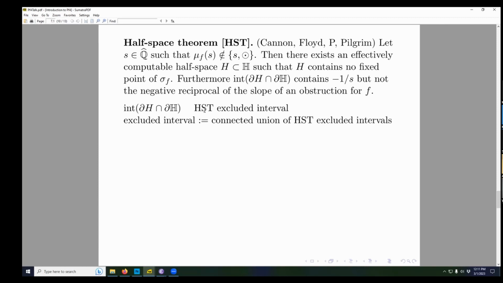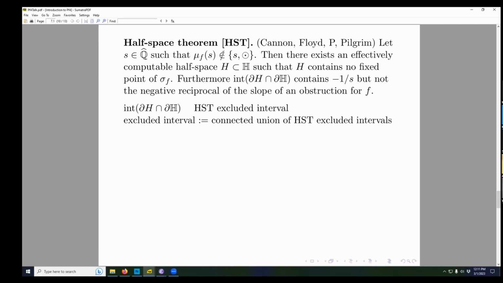And more generally, let's say that an excluded interval is a connected union of these. So excluded intervals exclude negative reciprocals of slopes of obstructions. So this takes care of, we get neighborhoods of all extended rational numbers except for this condition.